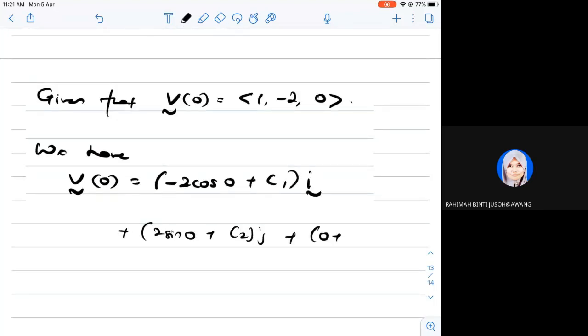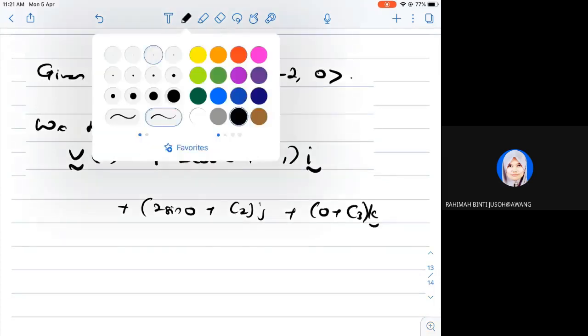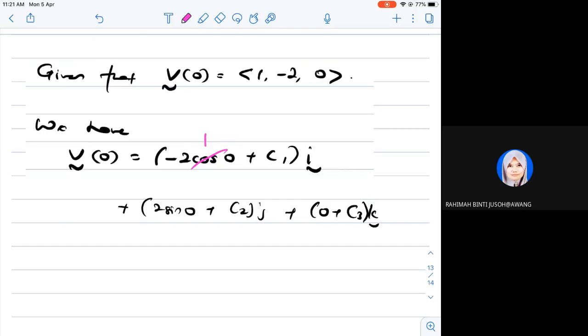Alright, so cos 0 is 1. sin 0 is 0. Negative 2 darab 1 dapat negative 2 lah. So we will have negative 2 plus C1i plus C2j plus C3k.